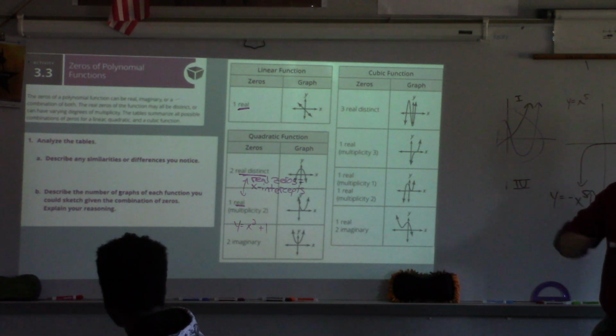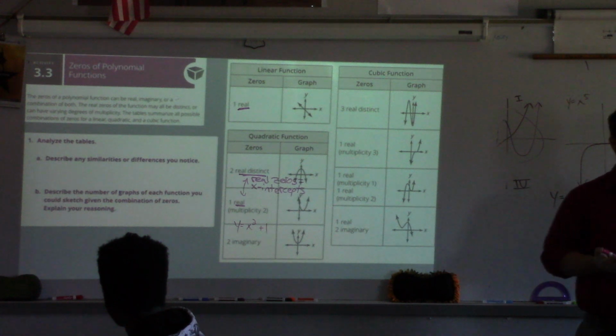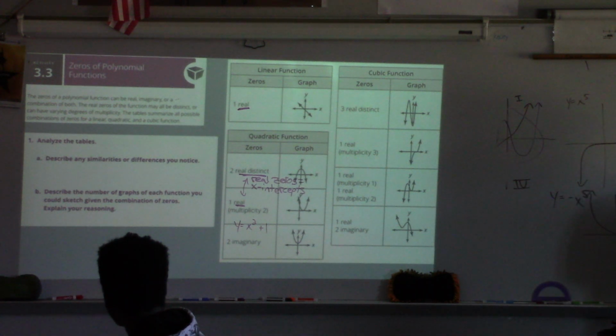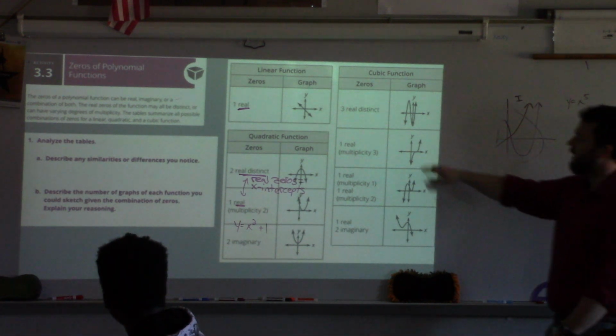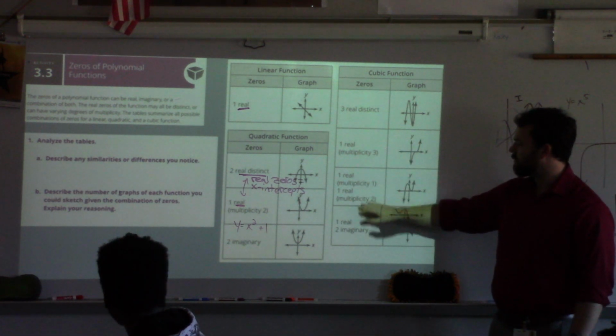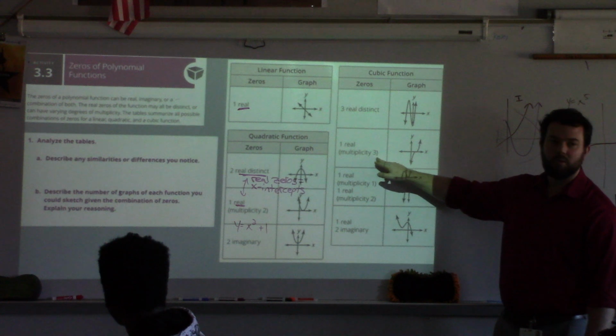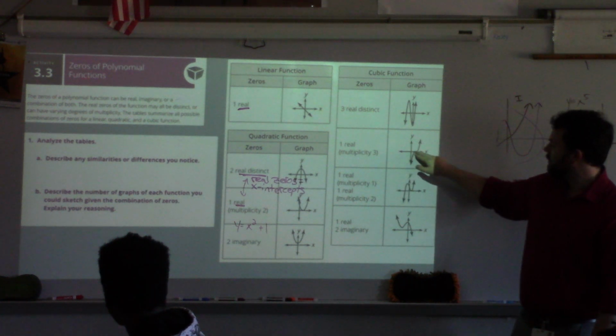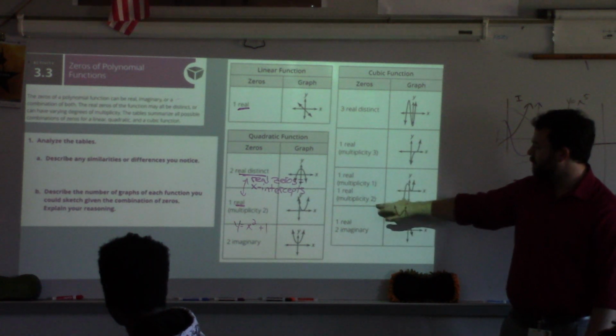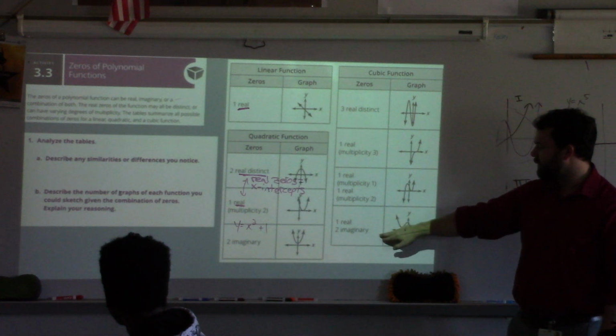And then we look over here at a cubic. How many zeros does a cubic have to have? 3. Look at every option. How many zeros are there? Right? Sometimes it's a multiplicity of 3. Sometimes we have a multiplicity of 2 and 1. Sometimes we have a real and 2 imaginary.